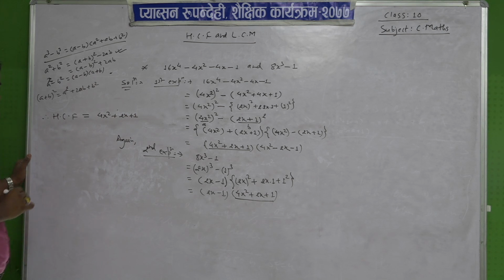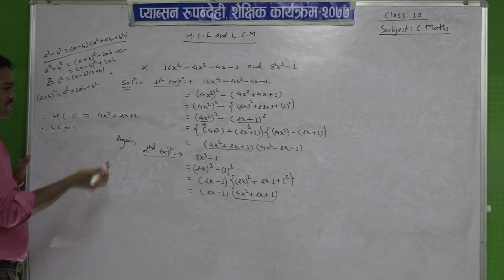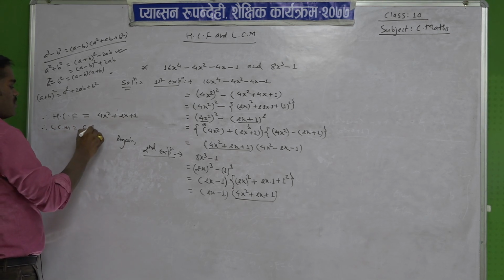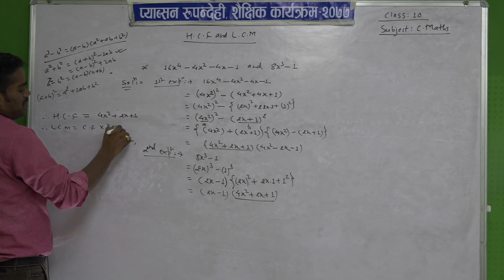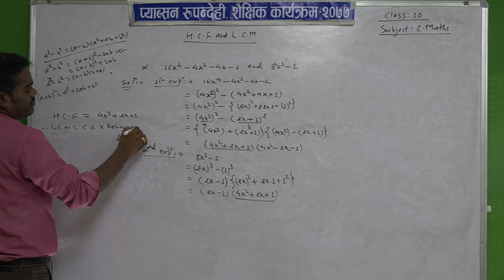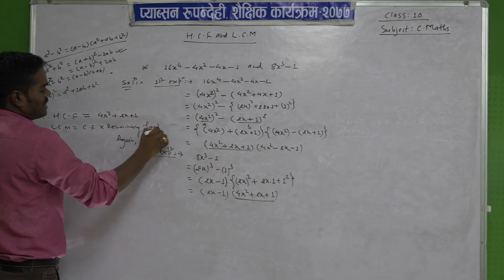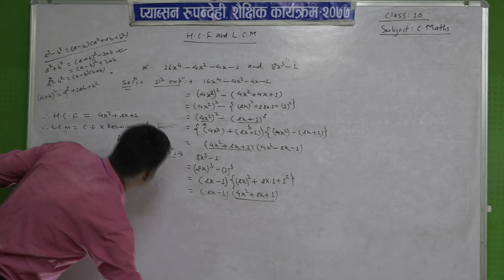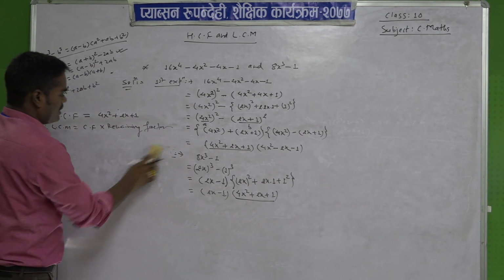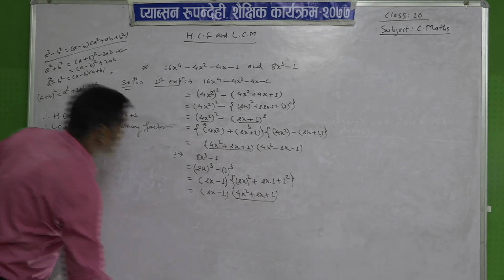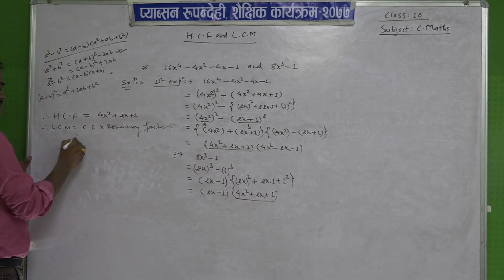This is the SCF. And now the term for LCM. LCM means what I have written just now: common factor into remaining factor. First, you know what the common factor is. This is the SCF, the common factor.